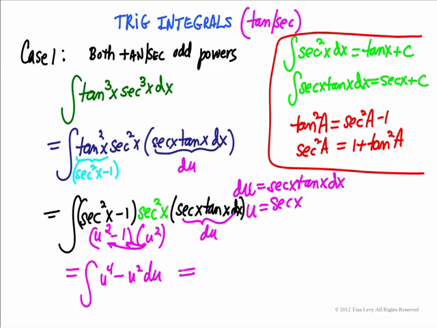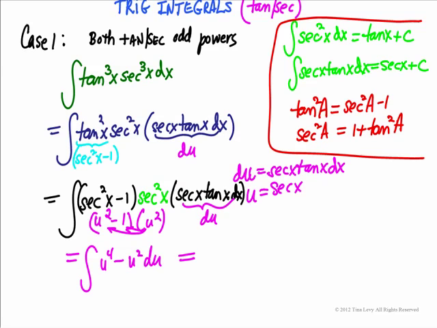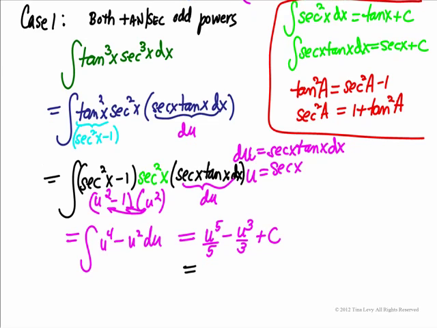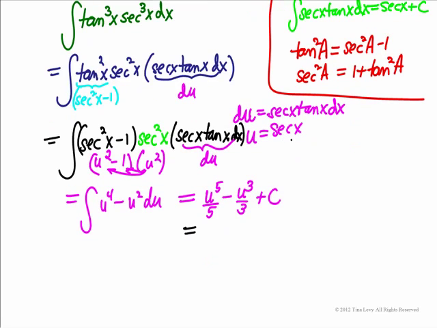And the antiderivative we can work is u to the fifth over 5 minus u to the third over 3 plus a constant. But we have to go back to the original function in x, which is secant. So this is secant to the fifth power of x over 5 minus secant cubed over 3 plus a constant.